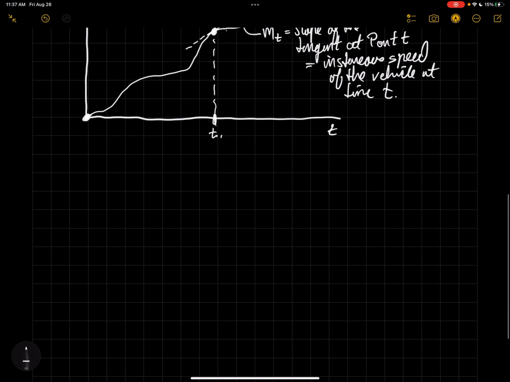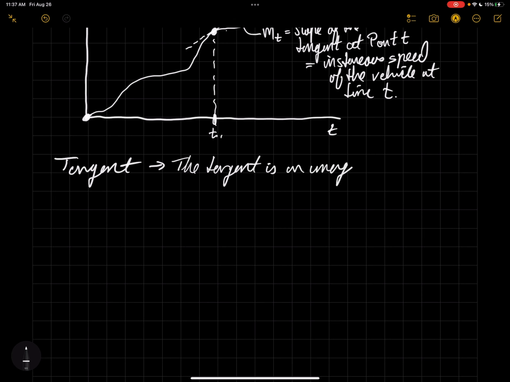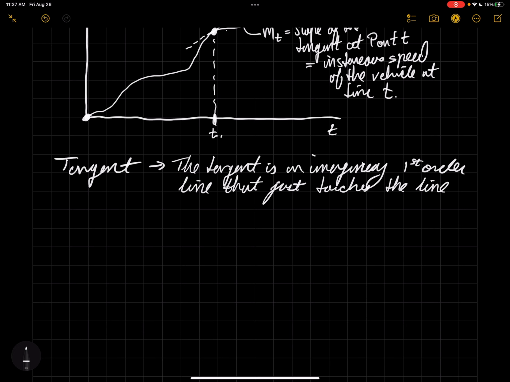And to do that, we'll first define the concept of the tangent, right? Basically, one way to think about the tangent is that it's an imaginary first-order line that just touches the line of interest.